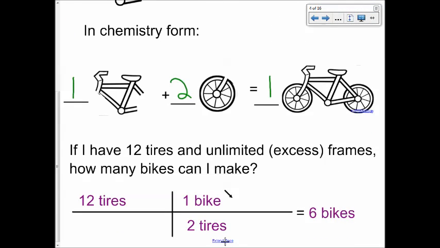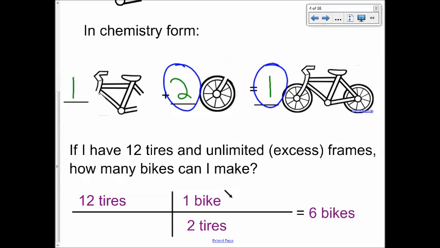So here we scroll down. I have 12 tires. The mole-to-mole ratio of your tires to your bike: I have 2 tires for every 1 bike. Well, that's my ratio. That's my conversion factor. I have 12 tires on top.